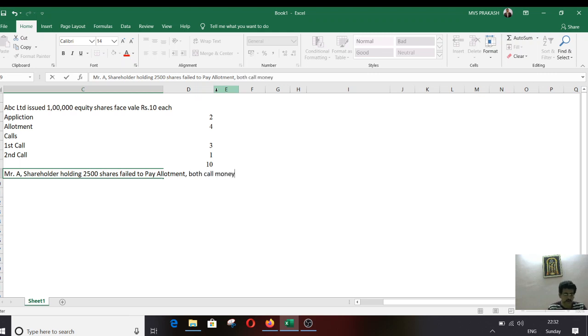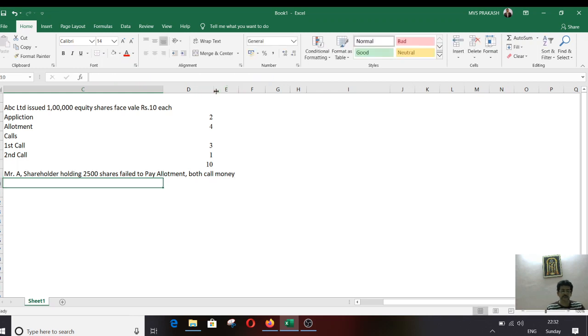That means he has not paid even the allotment money of 4 rupees, he has not paid the first call money, he has not paid the second call money. That means he has paid only the application money, only 2 rupees. That is the first transaction, Mr. A.